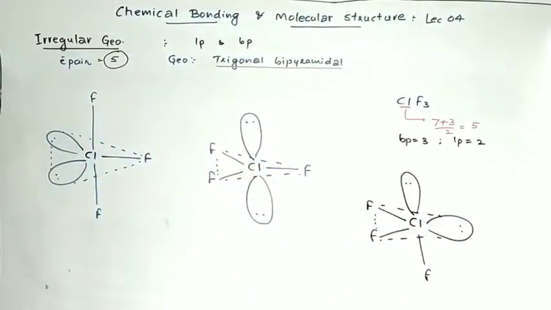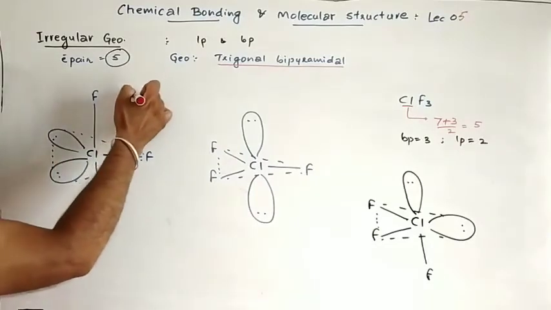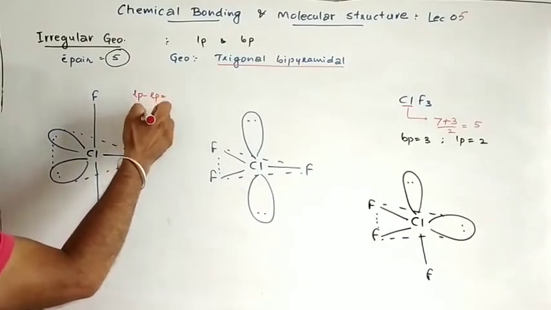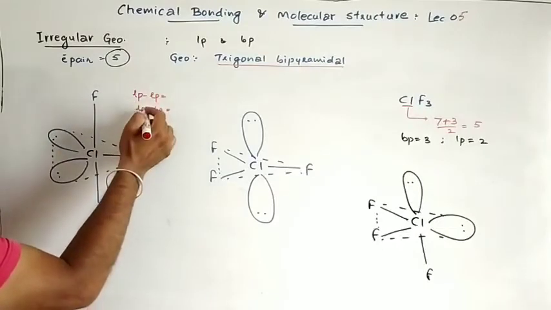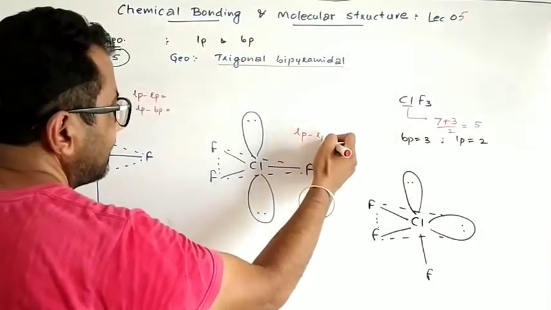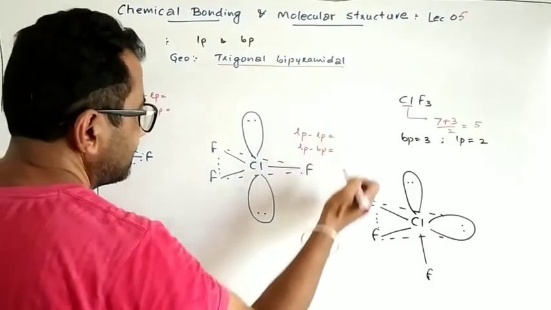These three structures are possible. Compare the stability. Now we will compare, because there are two lone pairs, so one new type of repulsion is also there, that is lone pair-lone pair. Second type of repulsion is lone pair-bond pair. So we will compare these two repulsions in every case and then ultimately find out which is the more stable structure.